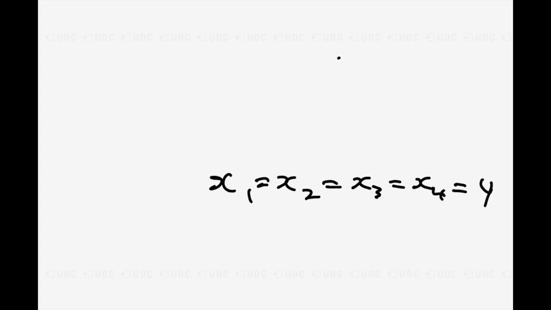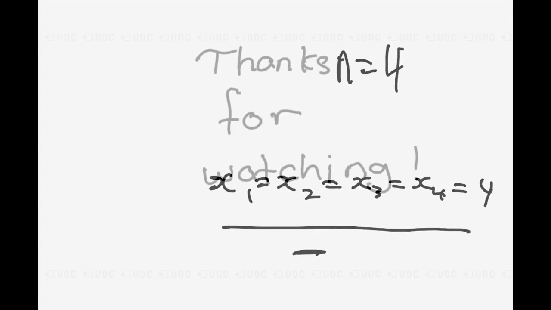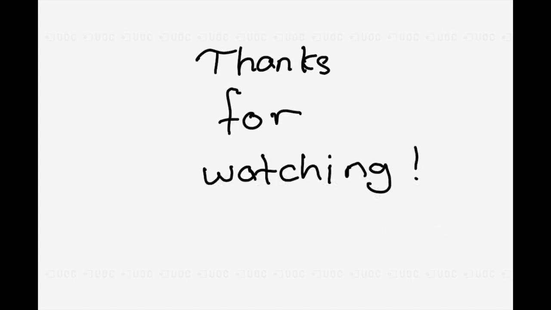And this also satisfies our second equation. So now, in summary, we can conclude that the only value of n is 4, and the solutions for n equals 4 is this.